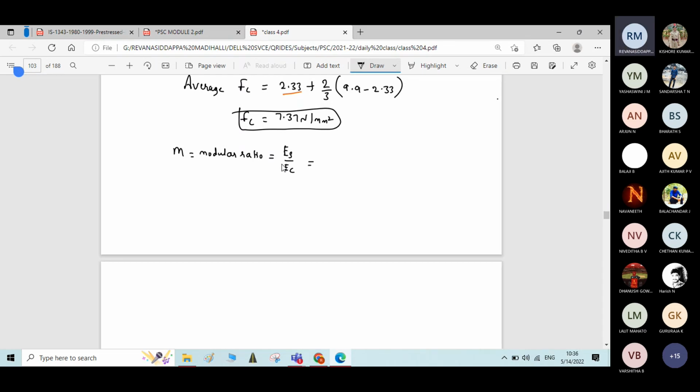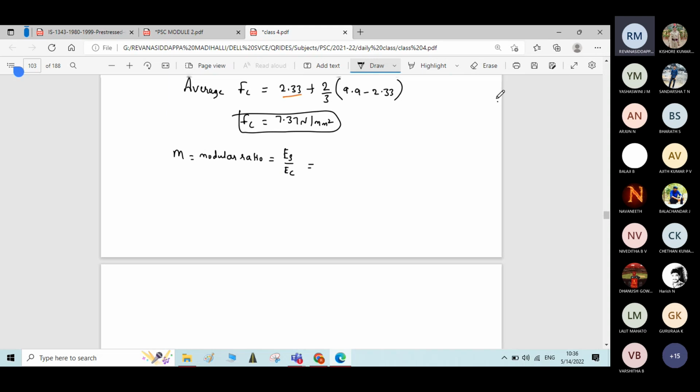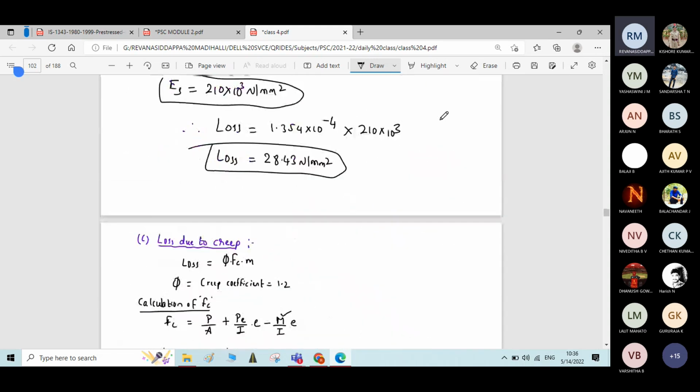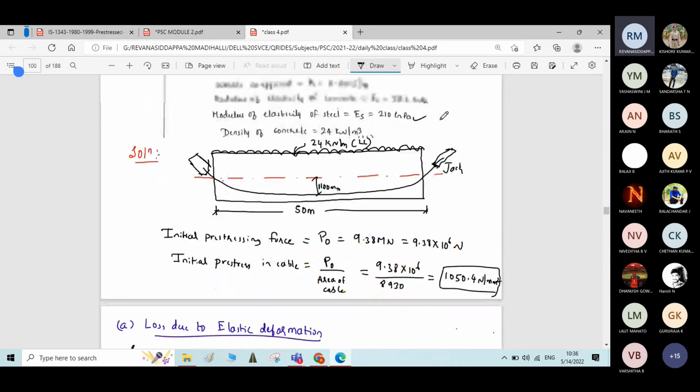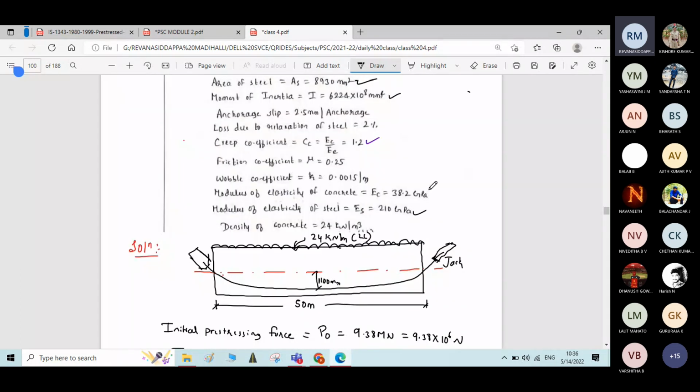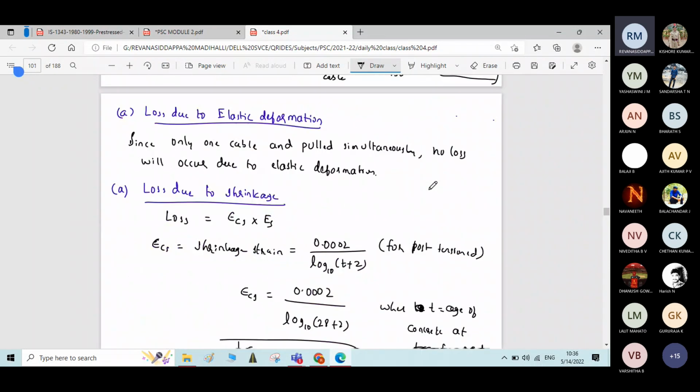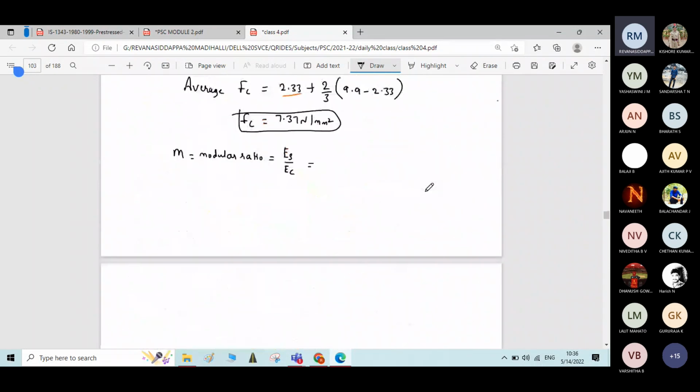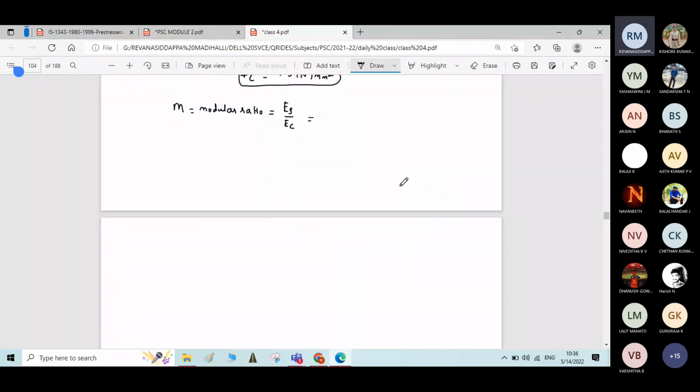Young's modulus of steel and concrete is given in the problem. Just see how much it is given. Young's modulus of steel is 210 gigapascal and 38.2 gigapascal as Young's modulus of concrete. Okay, 210 by 38.2. So if you calculate, you will get 5.5 as the modular ratio.